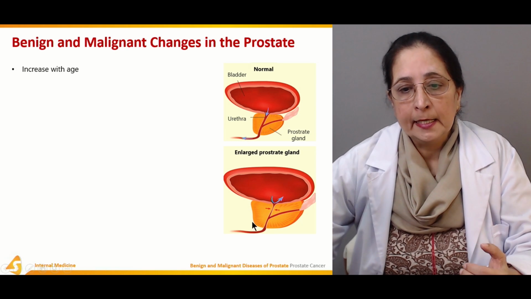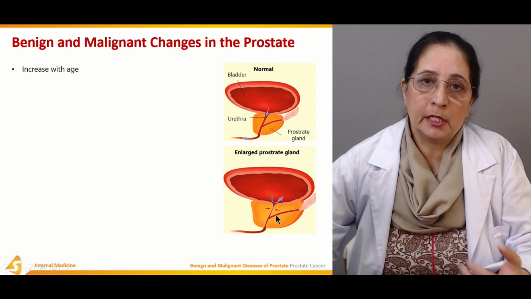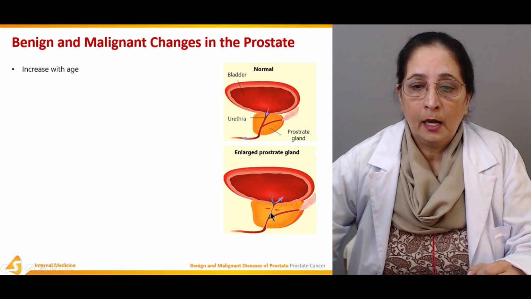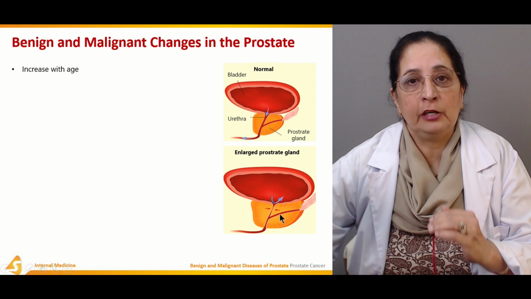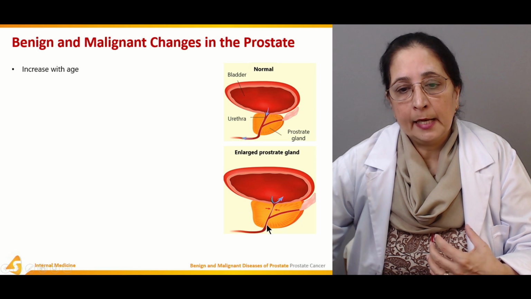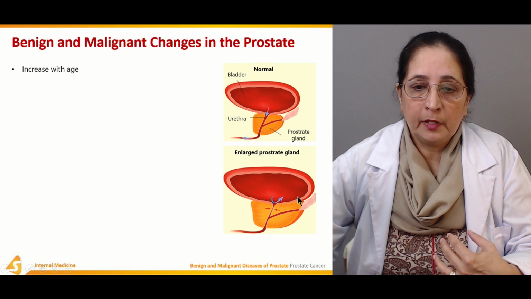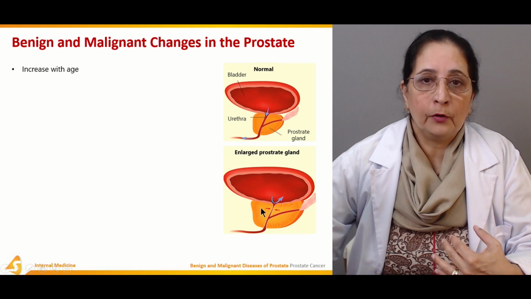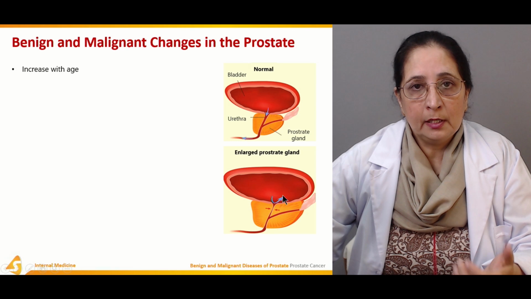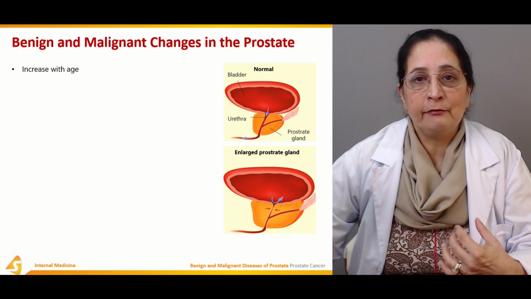Mostly the symptoms associated with enlargement of the prostate or prostate cancer are due to the pressure effect of the hypertrophied prostate gland on the urethra, which causes backflow of the urine. The urine outflow is decreased, causing dribbling of the urine and a weak stream.